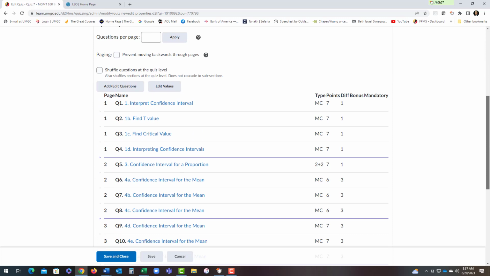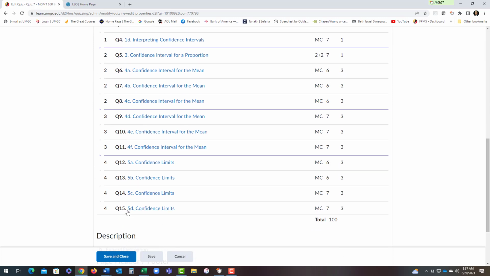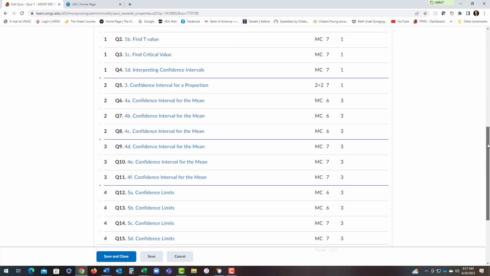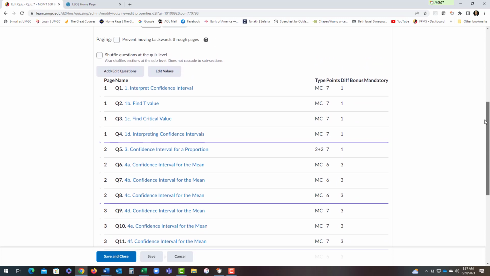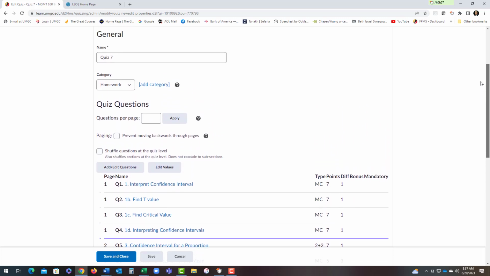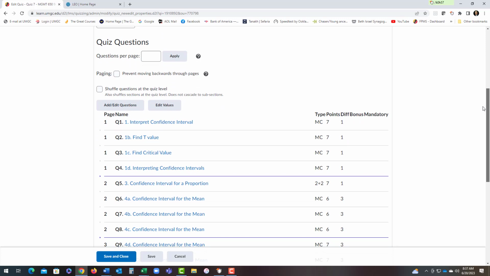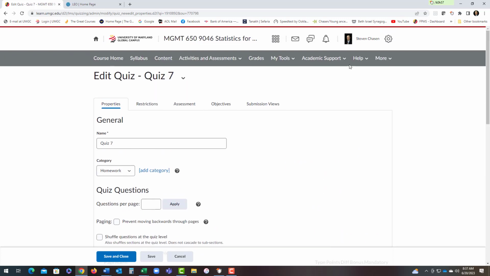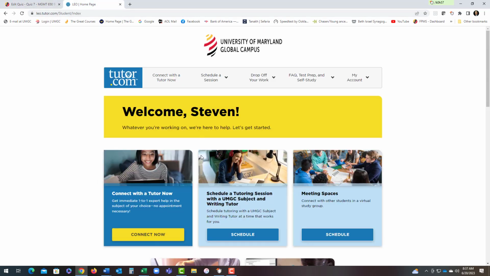As you can see, there are 15 questions dealing with confidence intervals, with the means, and with proportions. So I suggest every day work on a few of the questions. And again, I think you all know the tutoring service. Hopefully you've been using that.